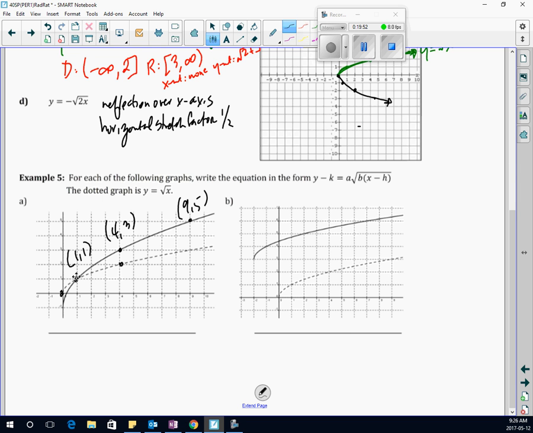So what's going on here? Actually, this one now is down here, right? It's at 0, negative 1. So it looks like it got shifted down 1, yes? Or did it? No.